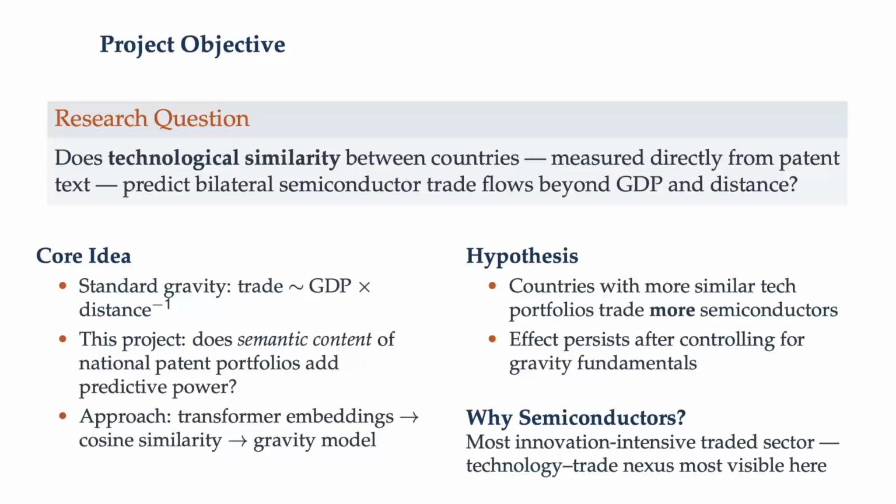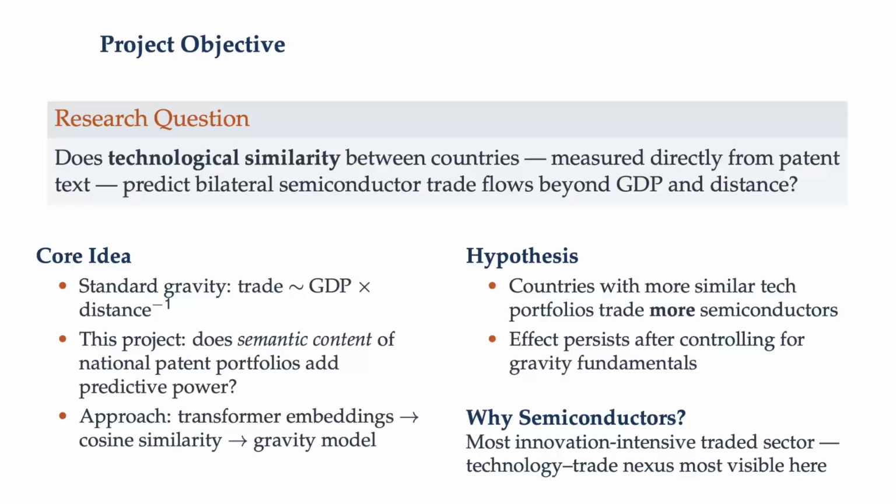So first, as we learned, embedding is necessary to get the cosine similarity. Pre-processing is done, embedding is done, and we put it in the model to get the corresponding vectors, calculate the cosine similarity, and put it in the gravity model.